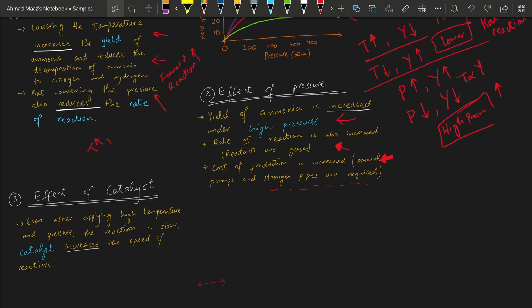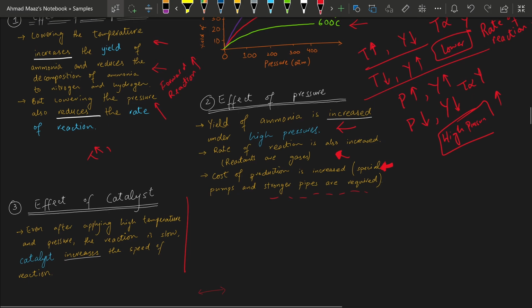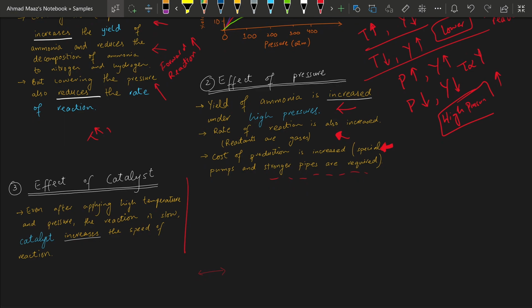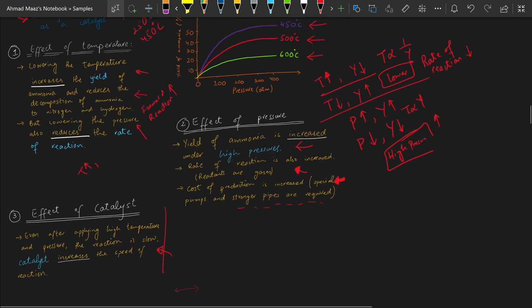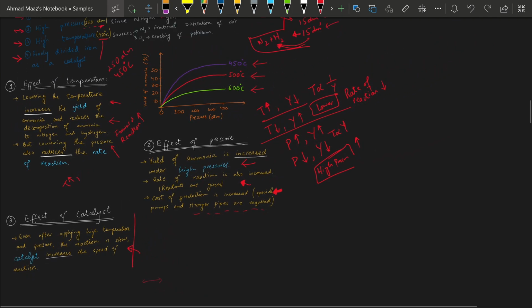But the catalyst will increase the rate of reaction. Even after applying high temperature and pressure, the reaction is slow. So that is why we need to add a catalyst so that the speed of reaction can be further increased. Let's quickly summarize this.